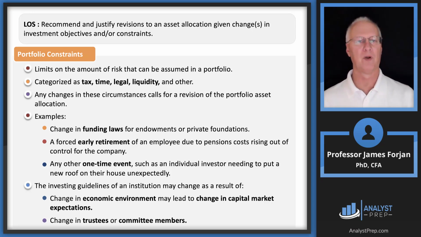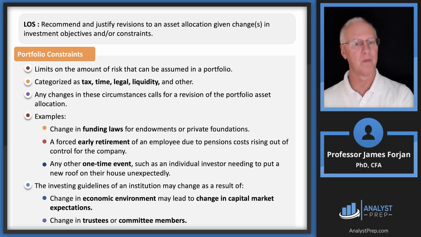All right, so portfolio constraints, right? These limit the amount of risk that can be assumed in the portfolio. So these are the regular old liquidity constraint, the investment horizon constraint, the tax constraint, the legal and regulatory constraints, and then the Institute calls that fifth category unique circumstance constraints, which you might remember from my earlier recording.